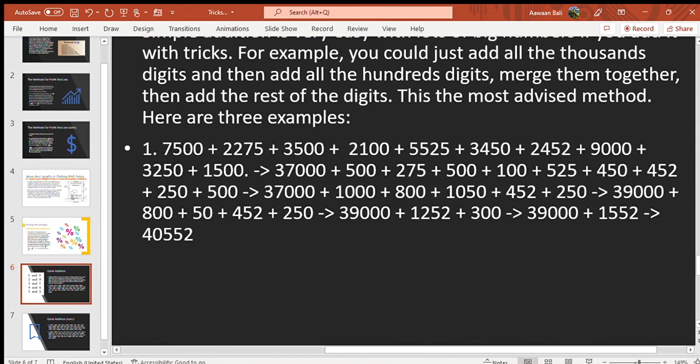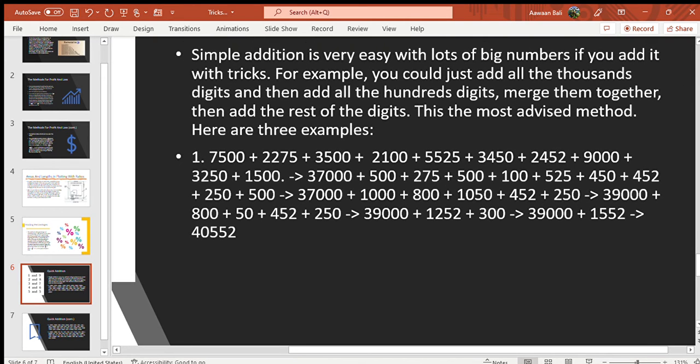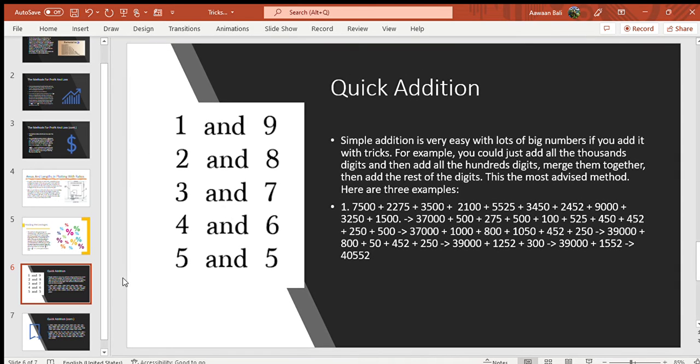You could get 1,050. And then the 450 and 250 would be left. You can add the rest onto 39,000 plus 800 plus 50 plus 452 plus 250. Then you simplify it and your answer is 40,552.